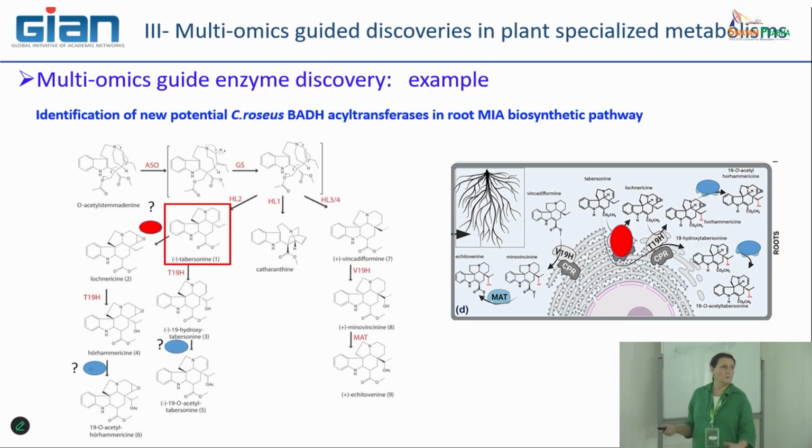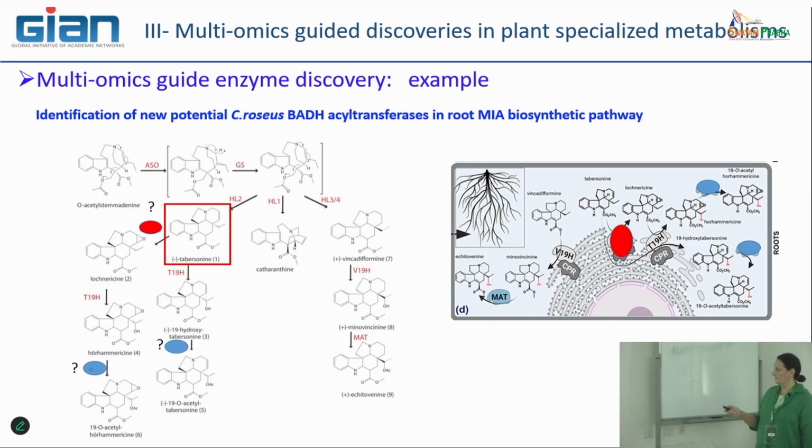So at that moment we needed to identify the enzymes responsible for the first conversion of tabersonine into lochnericine, and also the enzymes able to produce these 2 end products of the metabolic pathway.